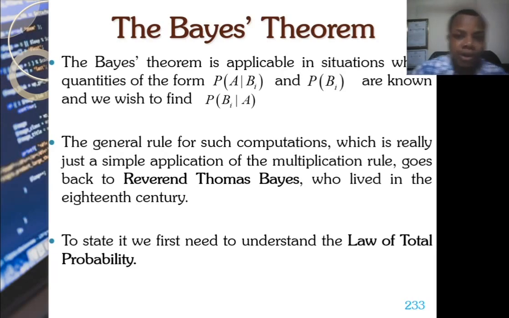Now this Bayes theorem is applicable in situations where quantities of the form probability of event A given B, and probability of B are known. However, we wish to find the probability of B given A. So in this case, we could have a situation where the probability of A given B is known, and this probability is also known.